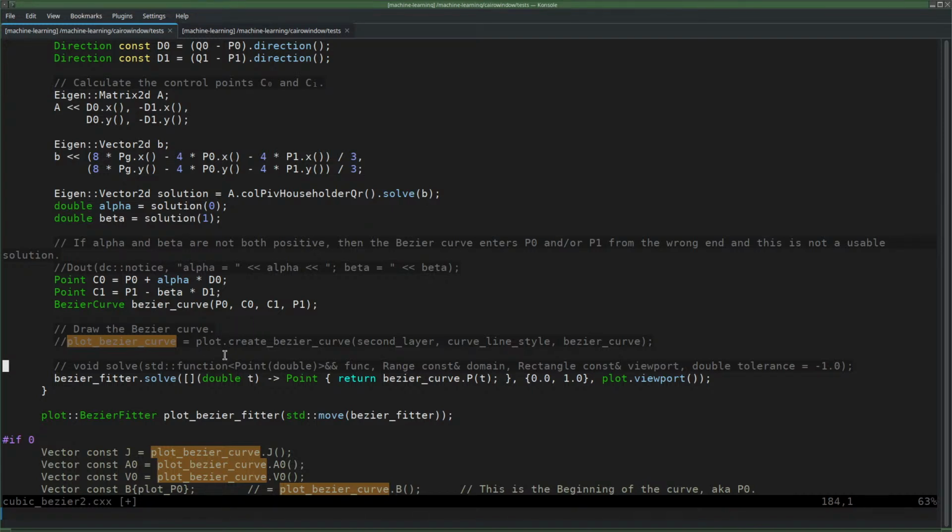But I want to use Bezier fitter instead, so I'm faking a function that just returns a point at a parameter t of that Bezier curve.